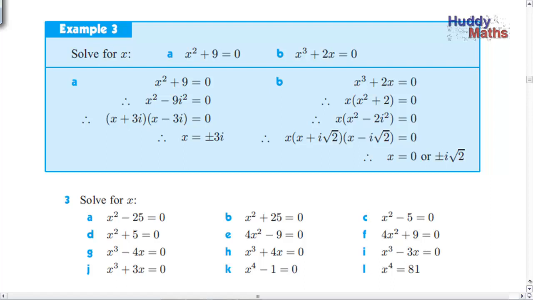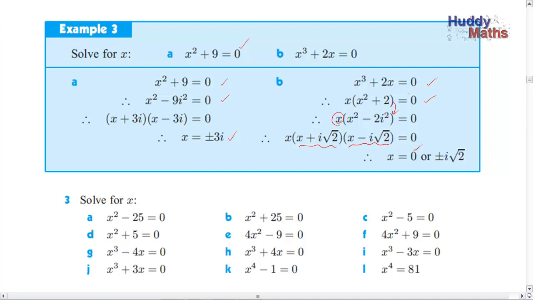Okay, solving for x. x squared plus 9 equals 0. You could do it this way by factorising, plus or minus 3i, and over on this one, factoring out x squared plus 2, so either x is 0 or x squared take 2i squared is 0, which is that difference of two squares, or changing this to a difference first with i squared and then putting each factor equal to 0.